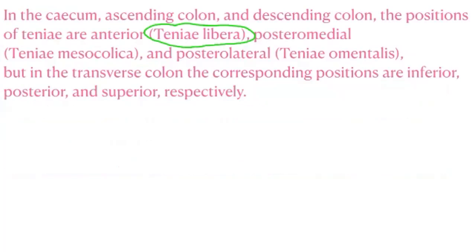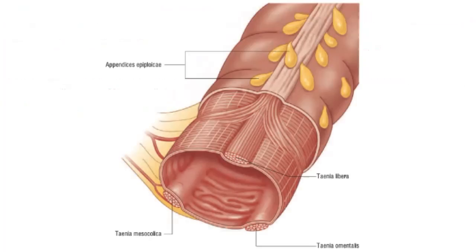But in the transverse colon, the corresponding positions are inferior, posterior, and superior, respectively. So you see, this is the taenia coli, right? Anteriorly is called libera, then taenia mesocolica, and taenia omentalis, right? And this one is the appendix epiploica.